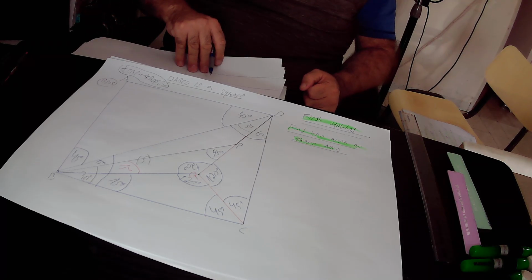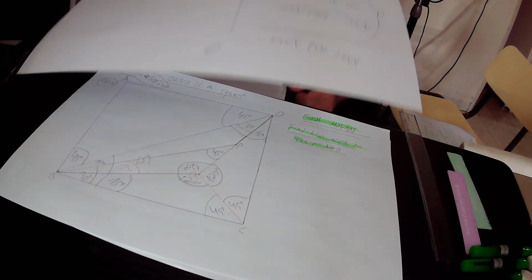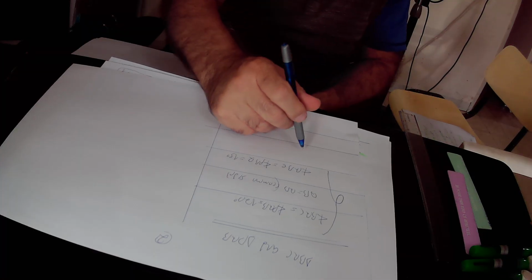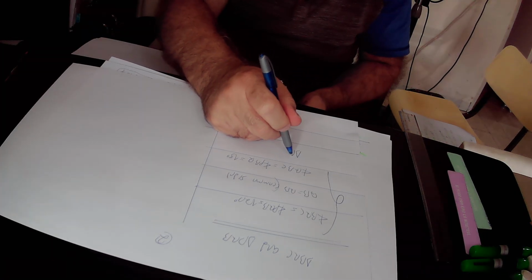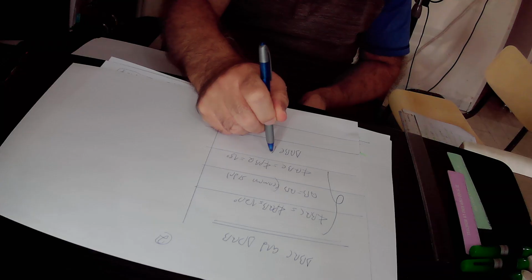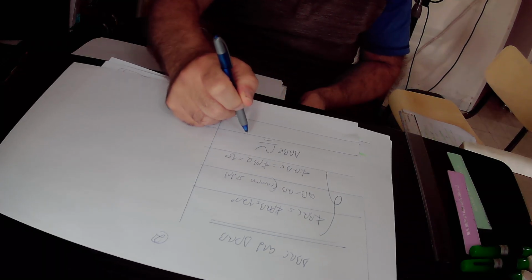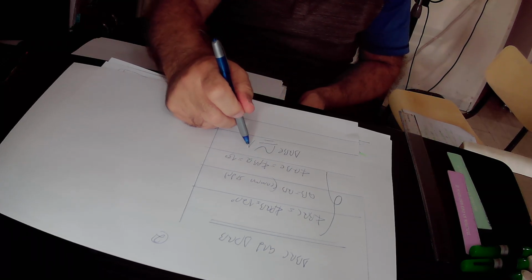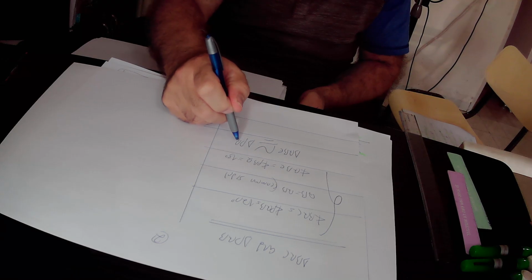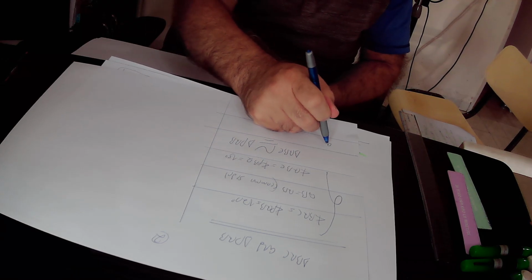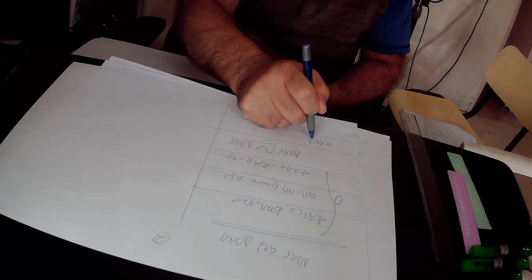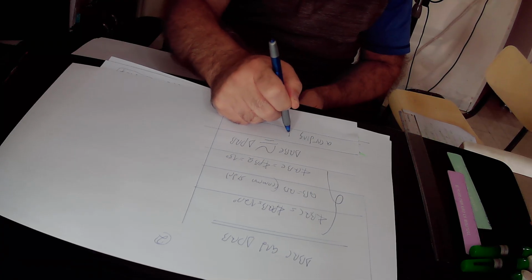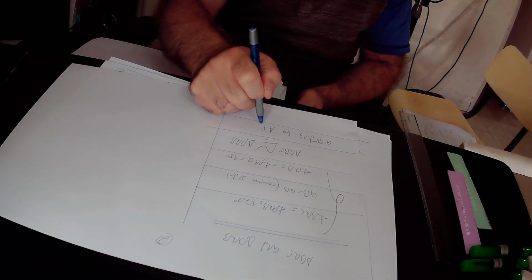We also found out that triangle QBC is congruent to triangle PQB according to the angle, side, angle rule.